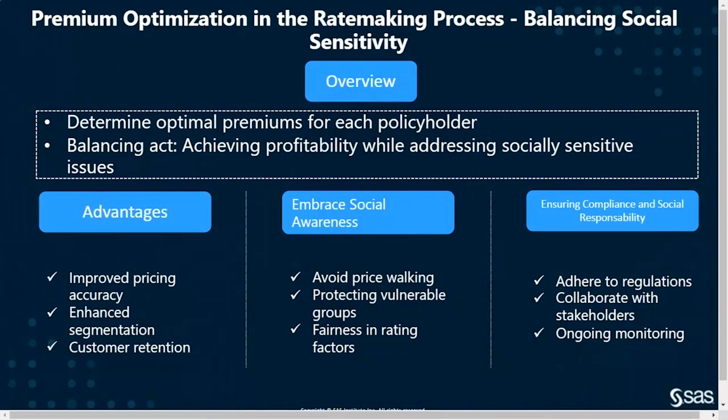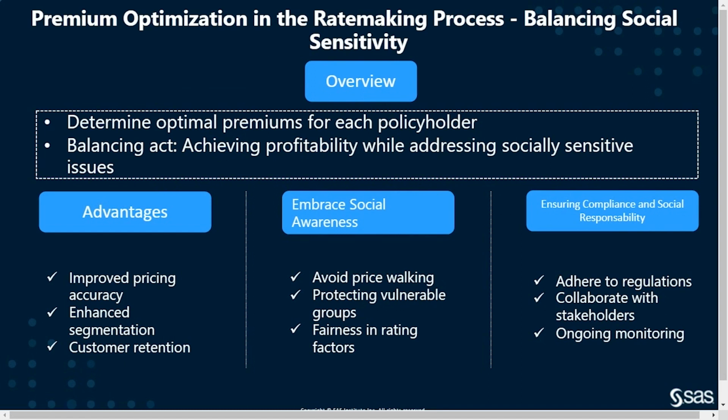Another important technique is the optimization technique. Embracing advanced optimization techniques allows insurers to overcome the limitations of traditional methods, but also achieve better results. Optimization is pivotal in different areas, but I would like to highlight several reasons.